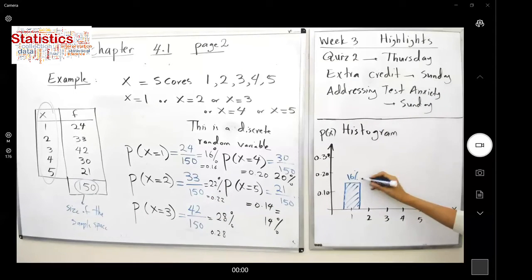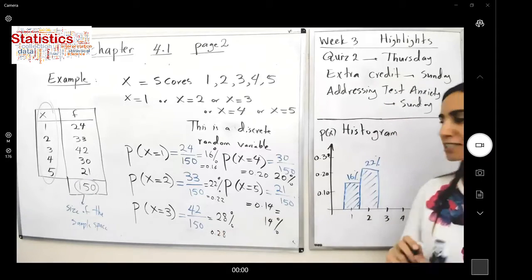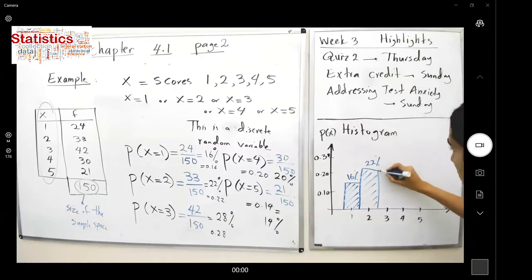So my next bar is going to stop at 22%. Very well. What if x is 3? X is 3, so I have 28%. My third bar is going to stop near 30.